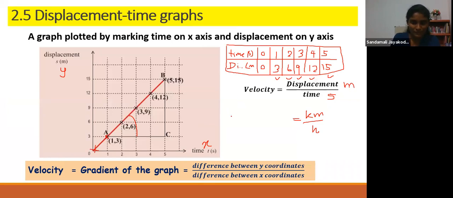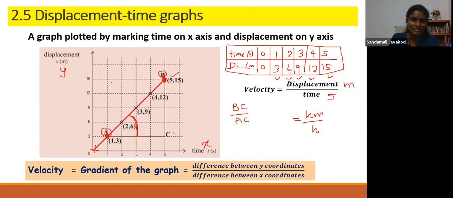So here, to find the velocity, we can use this B and A. That means this coordinate and this one. I am selecting this one and this one, which is at B and which is at A. So if we consider this as a triangle, to find this angle, we have to divide BC by AC.